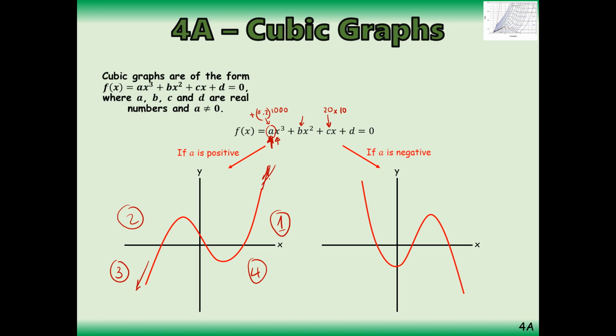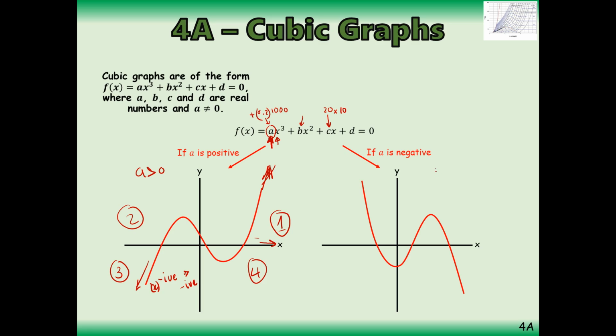So this part of the graph is where x is positive and y is positive. When x is negative, y will be negative as well. So negative x will give us a negative y. Alright, so that's why it ends up in this quadrant. Now this is where the value of a is positive.